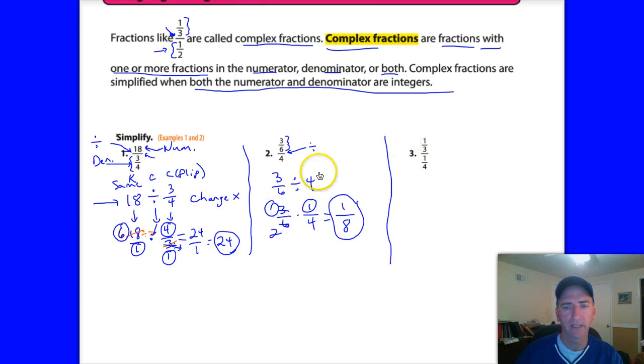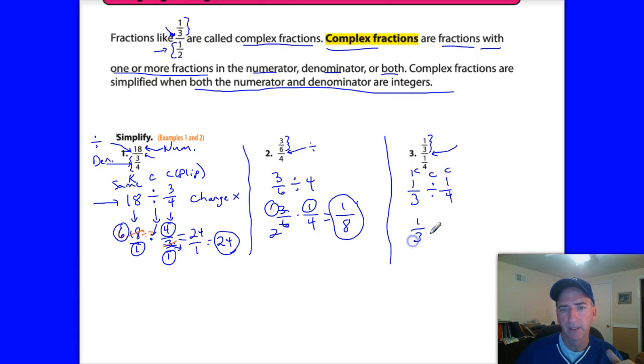Let's try number 3. Take a look at it. 1/3 and 1/4. Where do you think the fraction bar for division is? It's right here, a little bit longer. So you write it down: 1/3 divided by 1/4. Now keep, change, change.